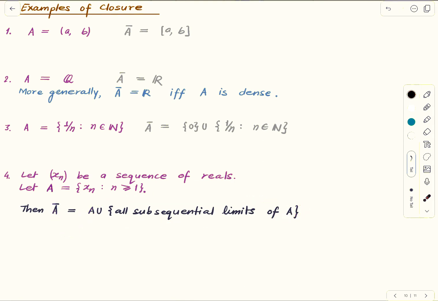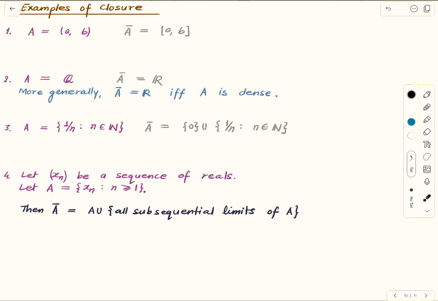And why is this all of A closure? Well, if we pick something which is away from here, which is not a subsequential limit and is not an element of A, then we want to show it cannot be in A closure.